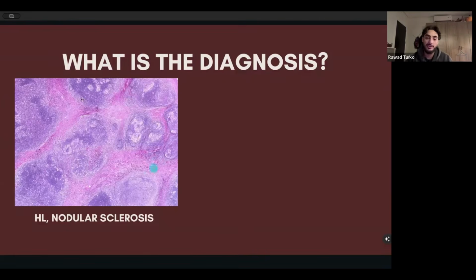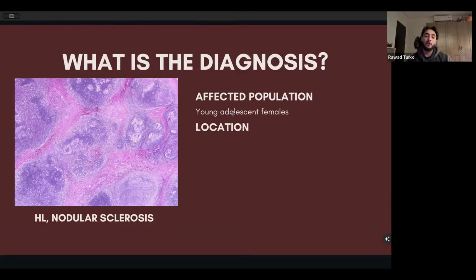You know immediately by looking at the picture, because you see these nodes and sclerosis all around them. You get these bands of fibrosis, which is pretty specific for nodular sclerosis. The affected population is usually young adolescent females, and the location is mediastinal, usually anterior, though you might get posterior mediastinum.